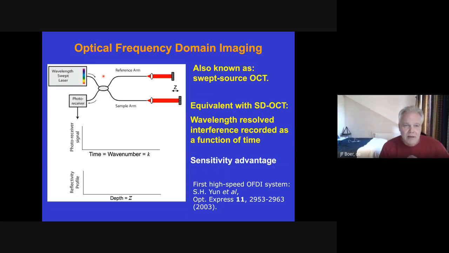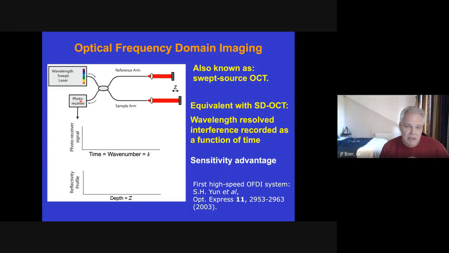The system consists of a reference arm and a sample arm, where we have a stationary mirror in the reference arm. The light of the two arms is combined in the 2x2 splitter, and the light is sent to a photoreceiver where we detect the interference between the sample and reference arm.